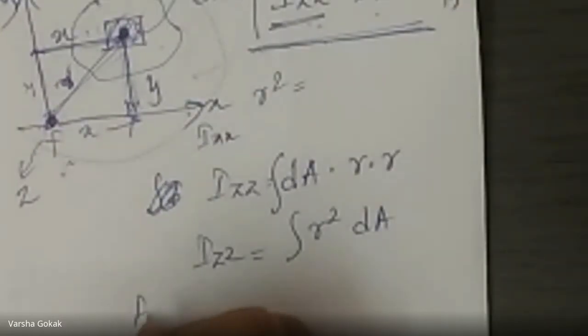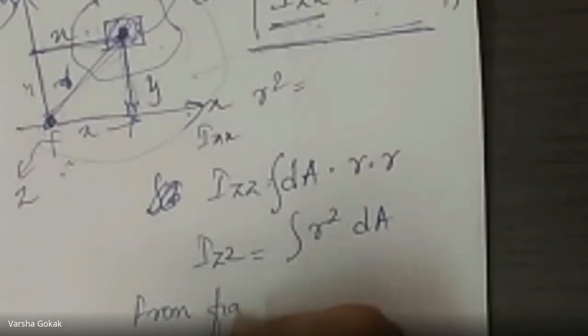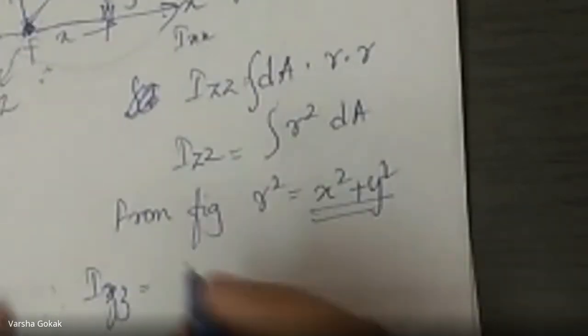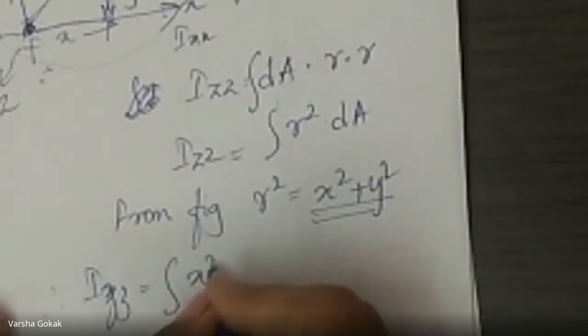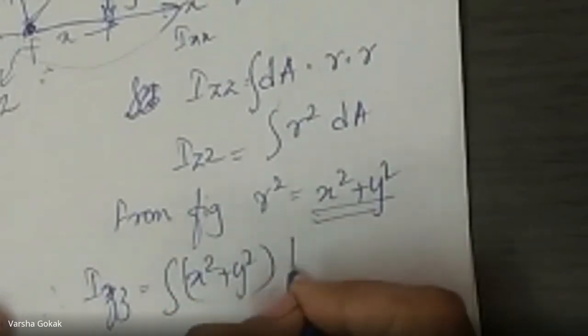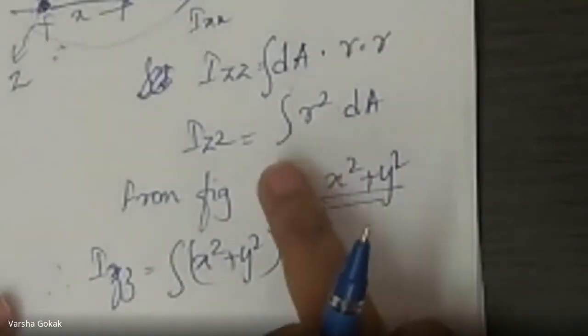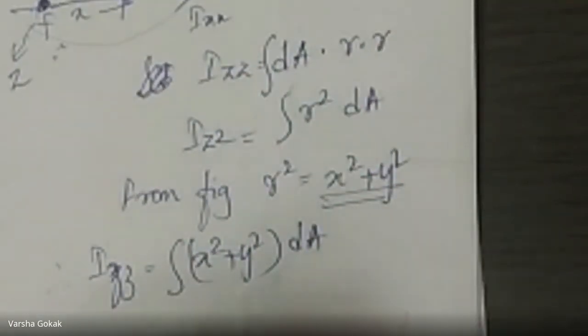Pythagoras theorem. x square plus y square. Yes. So from the figure, r square is going to be x square plus y square. Correct? So let us substitute this here. Therefore, Izz is going to be equal to the integral of x square plus y square into dA. Correct? I substituted for r square as x square plus y square.